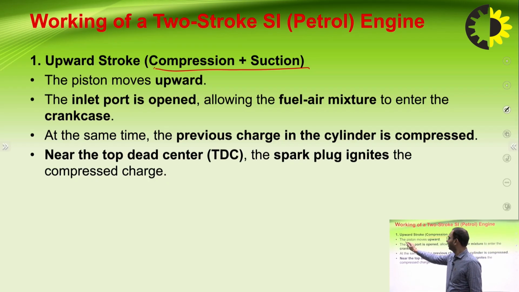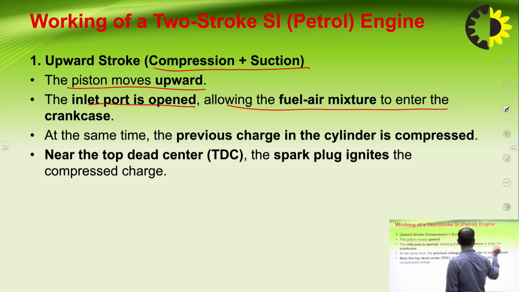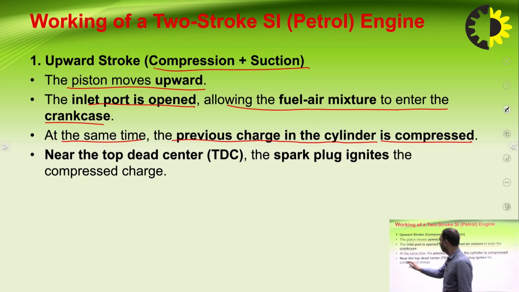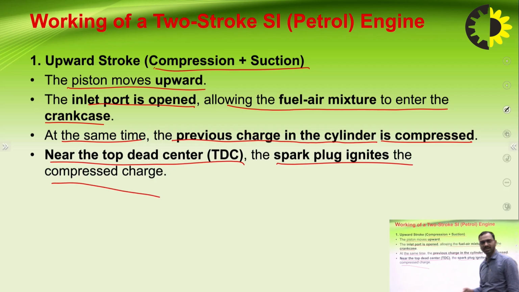Here the piston moves upward, the inlet port is opened, allowing the fuel air mixture to enter the crankcase. At the same time, the previous charge in the cylinder is compressed. Near the top dead center, the spark plug ignites the compressed charge and combustion takes place.